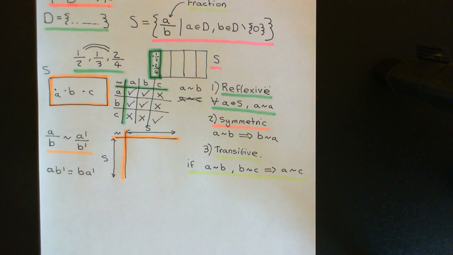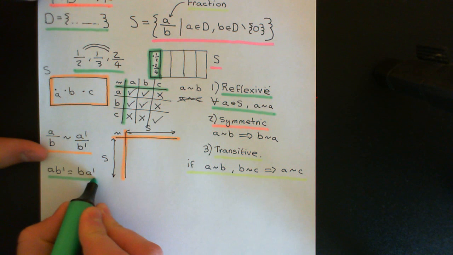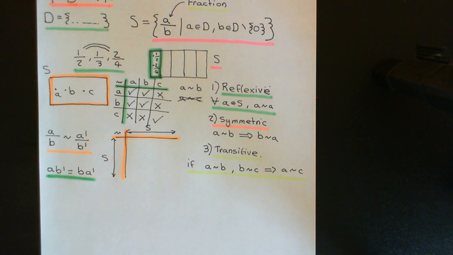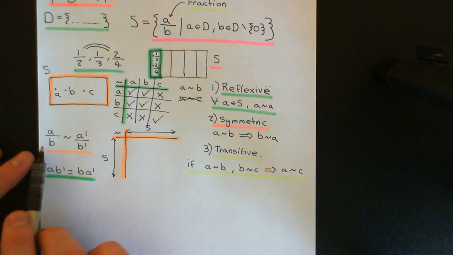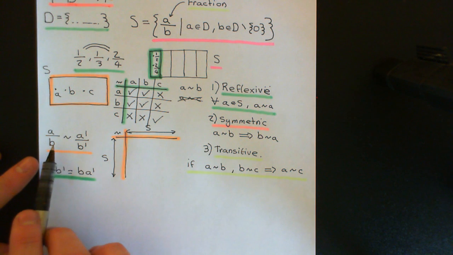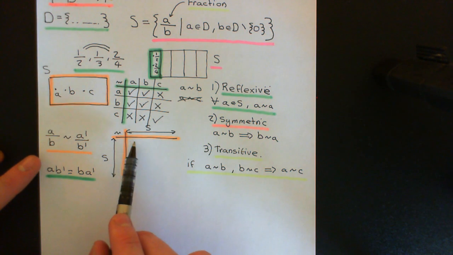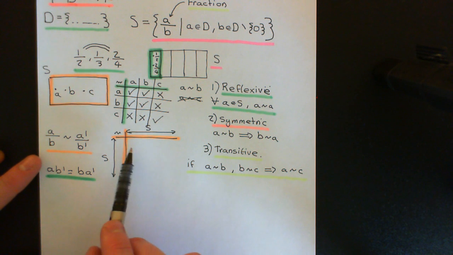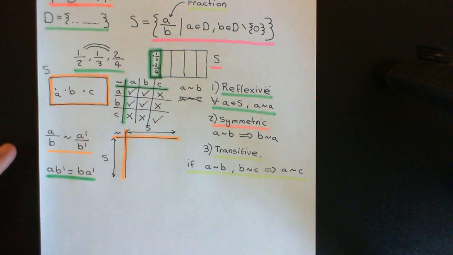So they satisfy this condition, and indeed this condition does capture the intuitive concept of two fractions being equivalent to one another. Okay, so this then gives you a way of working out whether any two fractions are equivalent to one another. And someone could now go through and go for every single one of these entries here and work out whether it's going to be a tick or a cross.